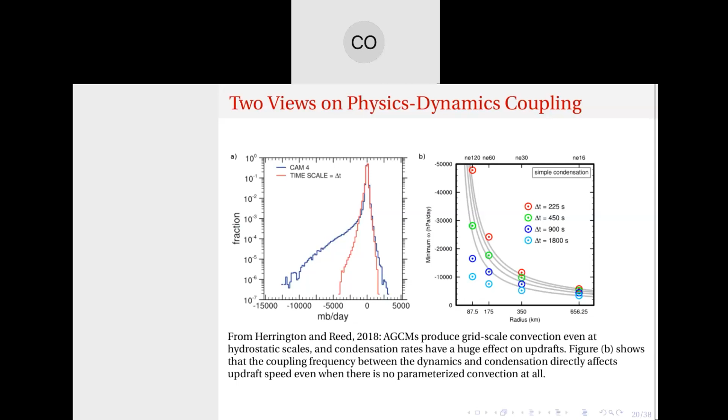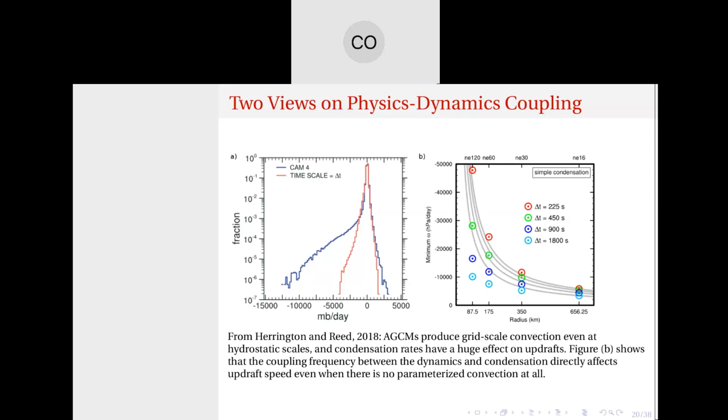It's a loose anthropomorphic way of putting it, but it's attempting to produce convection that would actually be occurring at much smaller scales than it can resolve. And so the best that the model can do is produce it at basically the limit of its resolution.